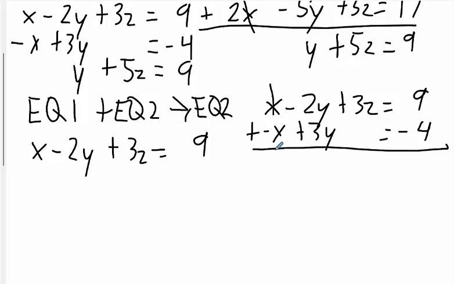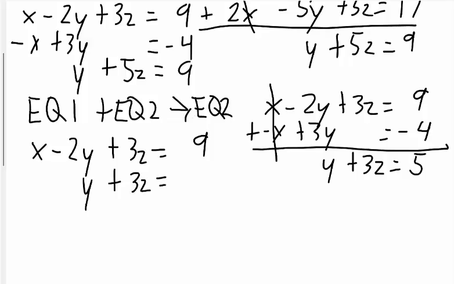If we add those, x and negative x go away. 3 minus 2 is y. 3z and nothing is 3z, so plus 3z. 9 minus 4 is 5. So our second equation is now y plus 3z equals 5.